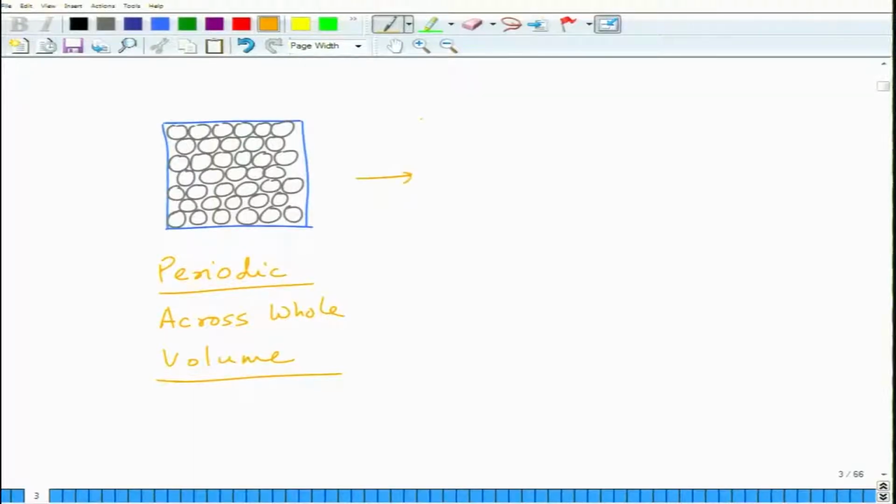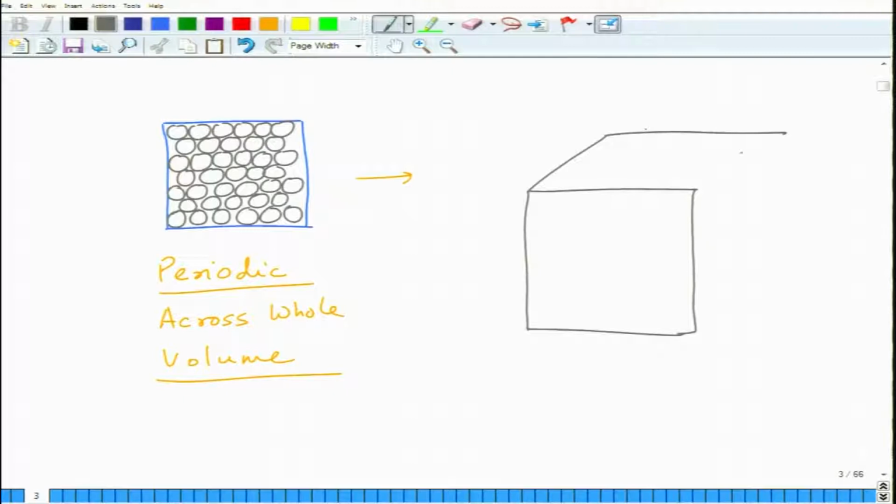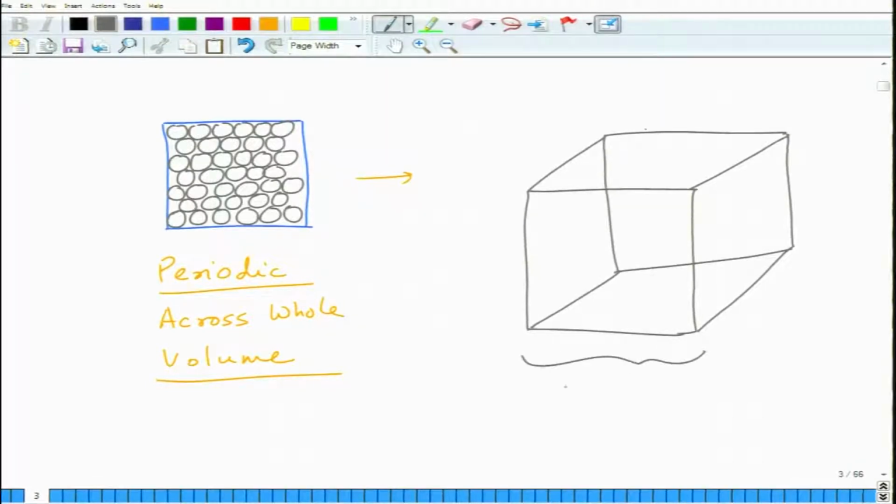If you draw such a crystal, for example, this is your crystal, and these are macroscopic dimensions, okay. On the faces of the crystal, the atomic arrangement is the same everywhere.